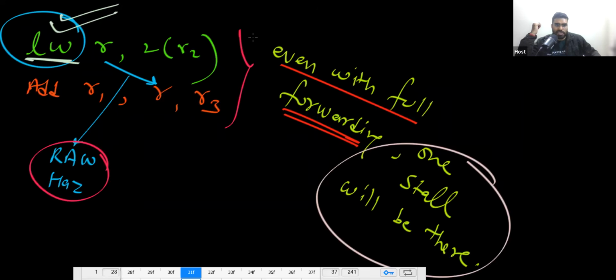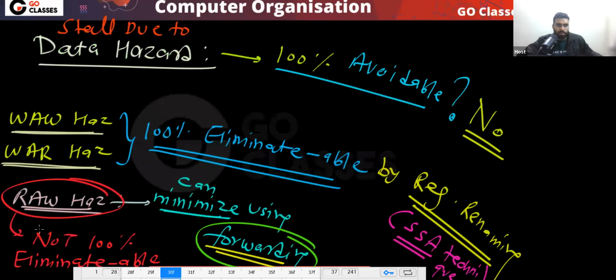Stage 4, MA stage. Very good. End of memory stage, memory access, data memory access stage. So that is the reason. Even with full forwarding, you cannot eliminate it. So is this clear? RAW hazards are not 100% eliminatable. They are the real problem.